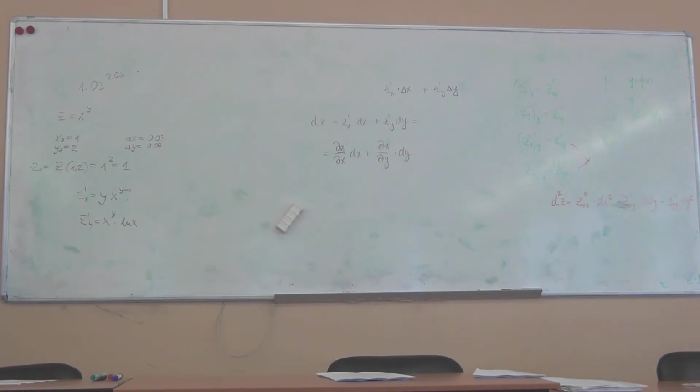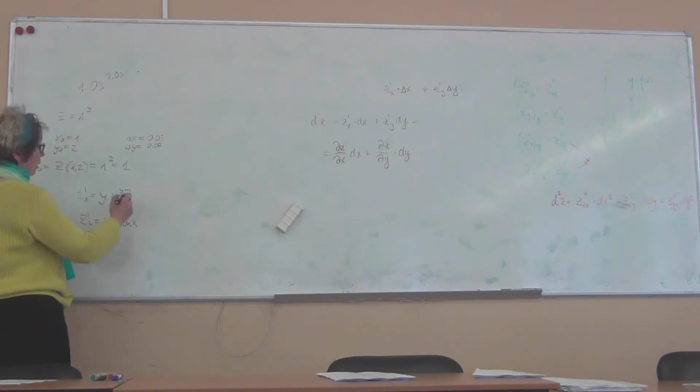Okay, so now I still need numbers because I need the numerical value for the differential, which means I need to put x and y values in here to get the final value. Of course, what x and y values are there? These. The original x and y values.